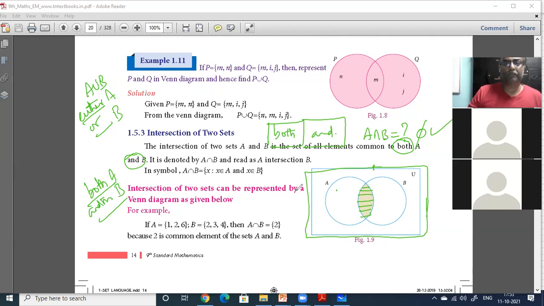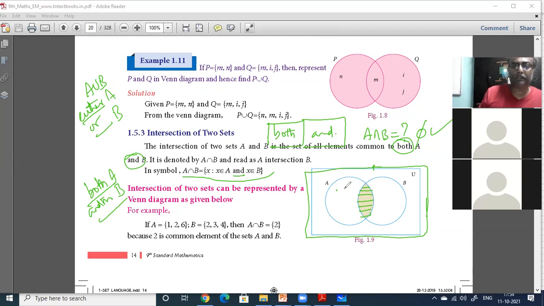So the intersection of two sets is given by a Venn diagram like that. In symbolic form, how do you write that? A intersection B is equal to the set of all x such that x is an element of A and x is an element of B also.